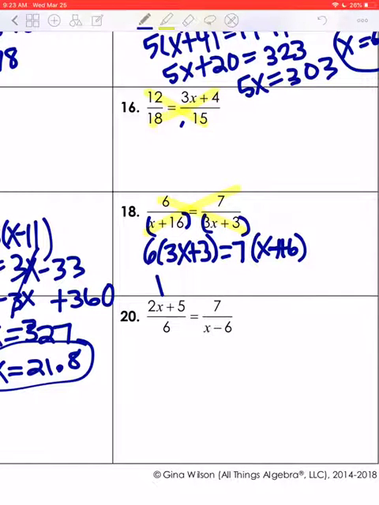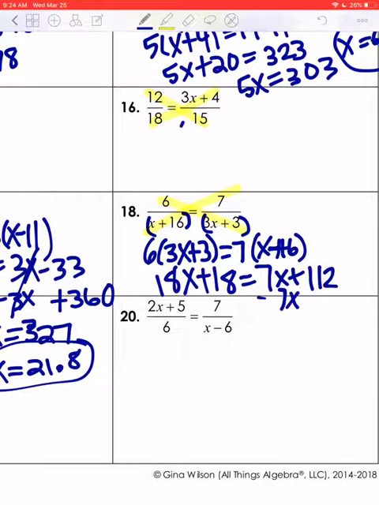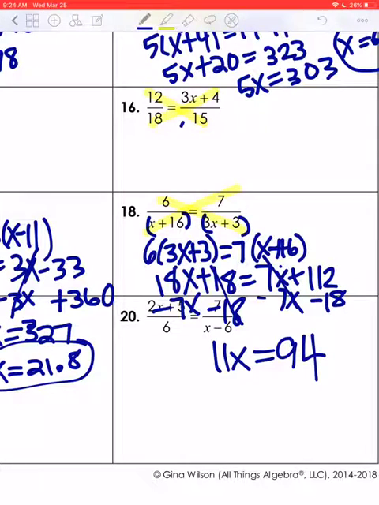So 18x plus 18 equals 7x plus 7 times 16 is 112. Okay, now move all your x's to one side and all your numbers to the other. So we're kind of doing two steps in the equation solving at once, and I'll get 11x equals 94. Divide both sides by 11, and x equals 8.5.